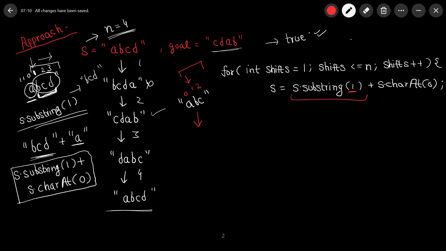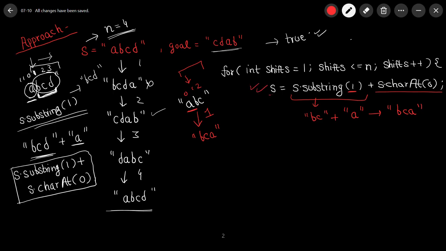So s dot substring 1 gives us BC in this case, plus s dot char at 0. Char at 0 is A. If we join these, we get BCA, which is indeed our resultant string if we've performed one shift. I hope this logic is clear.